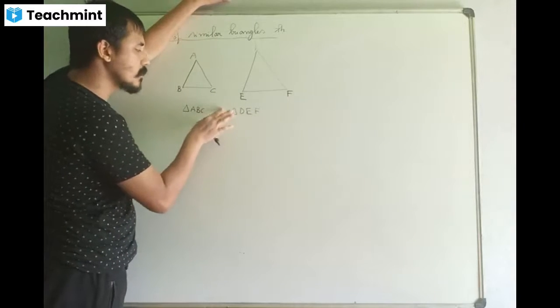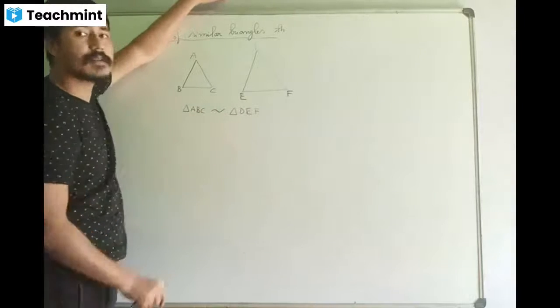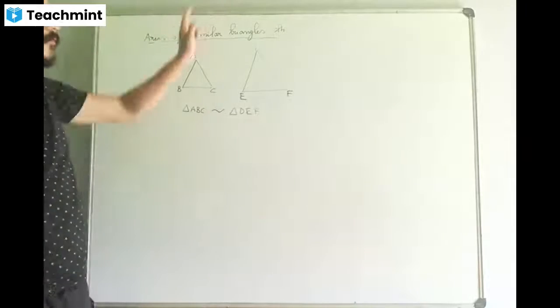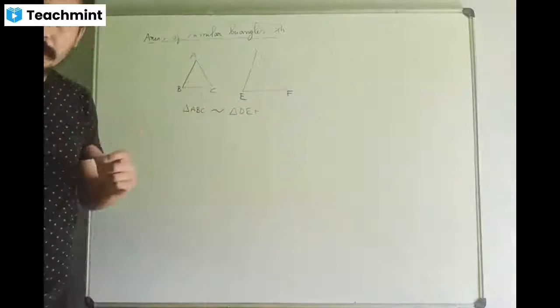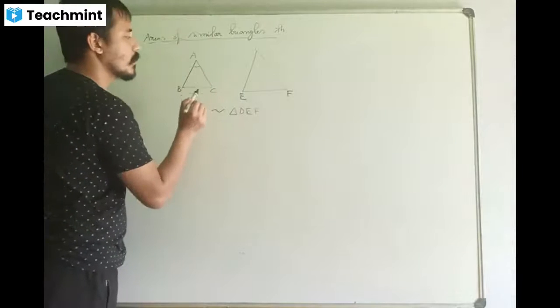This symbol indicates that the two triangles are similar. So if two triangles are similar, then all their corresponding angles will be equal.